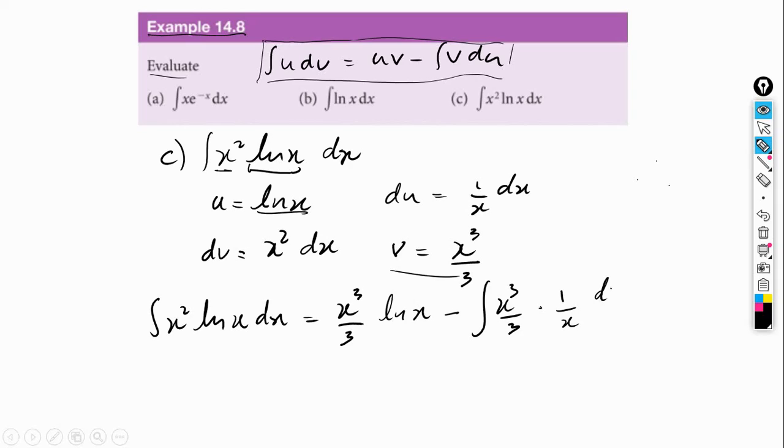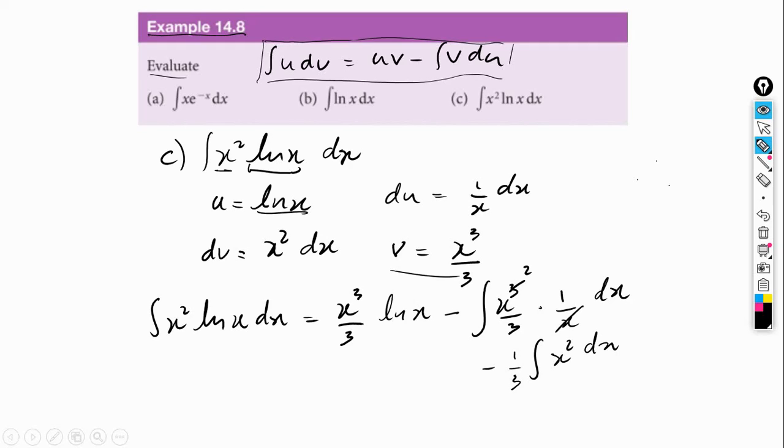Again, here we can cancel out 1 x. So notice that this expression to the right would be the same as saying minus 1/3, if we take out the constant, times the integral of x squared dx.